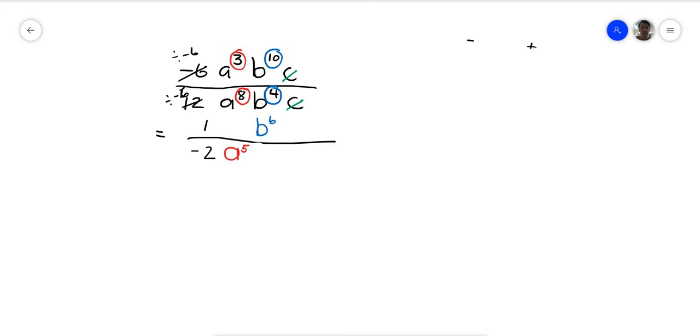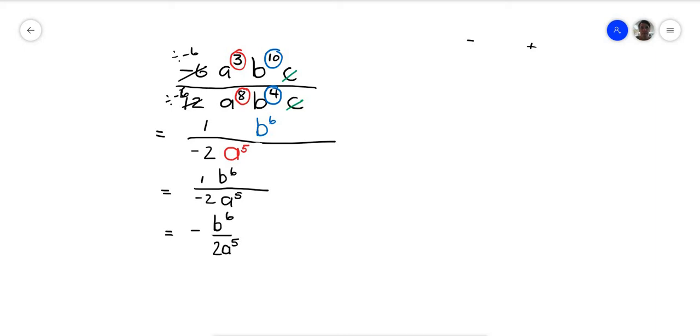So now I am left with negative 1 half b to the power of 6 over a to the power of 5, and I can rewrite that as negative, and I'm going to take away that 1, because 1 times b to the power of 6 is going to be b to the power of 6, and it's going to be over 2a to the power of 5. That's the first one done.